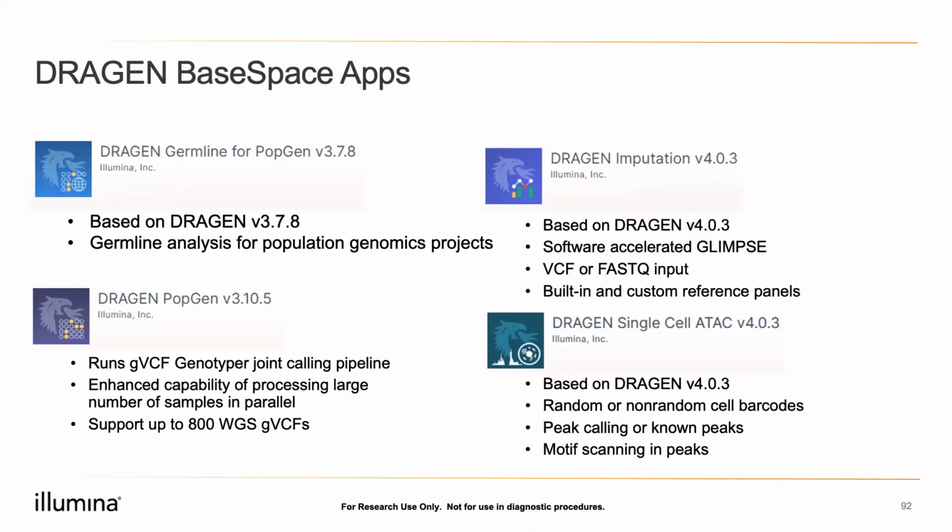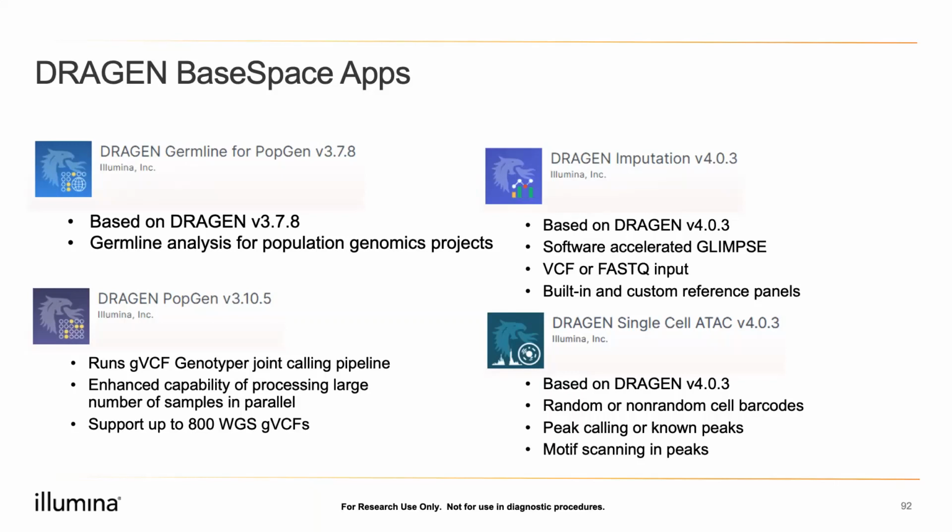So we wanted to make an easy to use, easy to consume app that has basically all of those same features enabled, the exact same settings as some of these larger scale population genomics initiatives. So if you want to analyze your data in a manner that's identical to that used by some of these larger population genomics initiatives, you can use this app for that purpose. But it's essentially a tagged specific version of the regular DRAGEN Germline BaseSpace app.